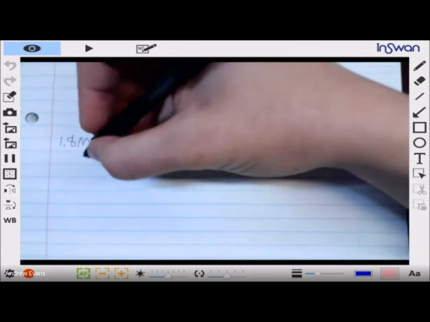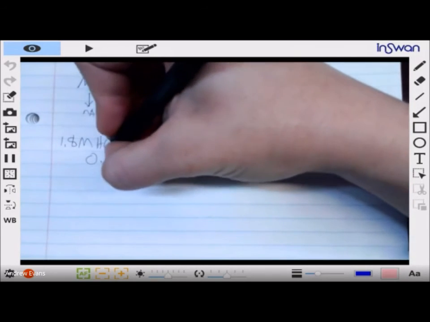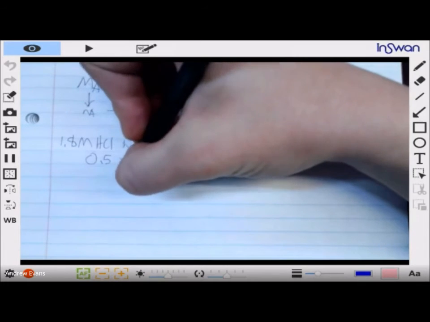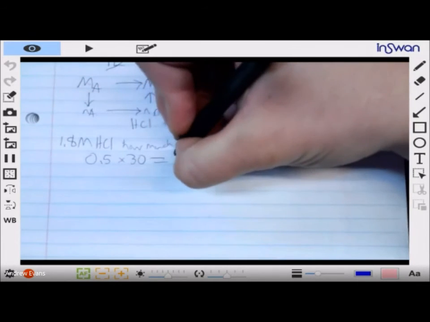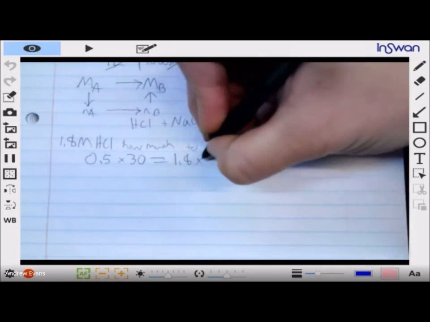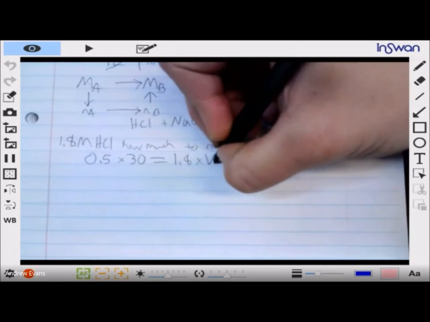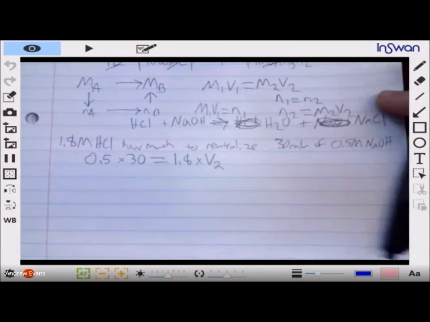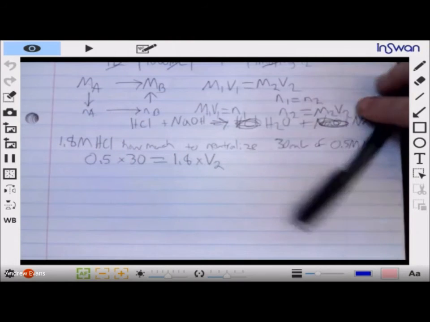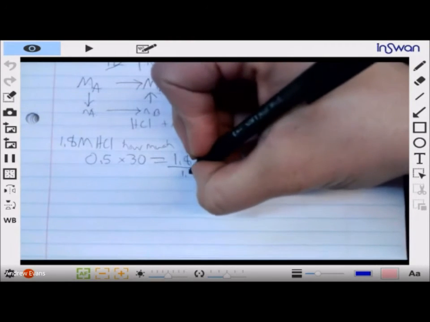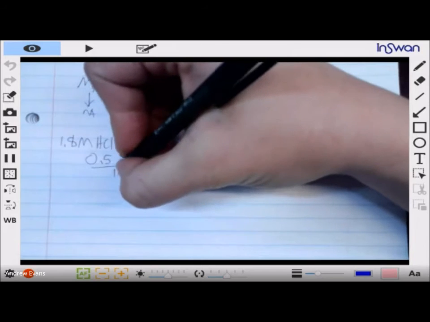So I'm setting this up: 0.5 times 30 equals 1.8 times our V2. To isolate this, we are going to divide both sides by 1.8. That will give us our volume.